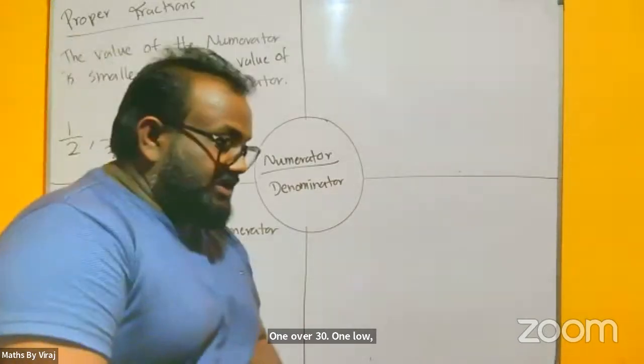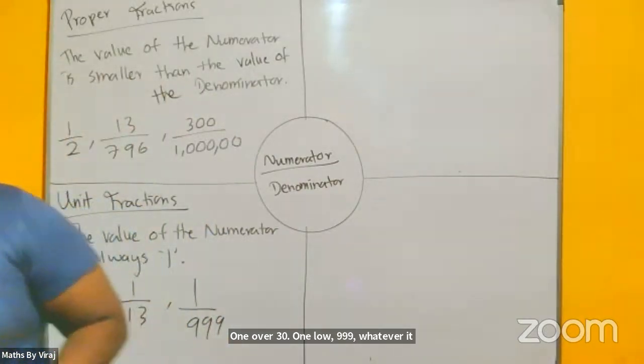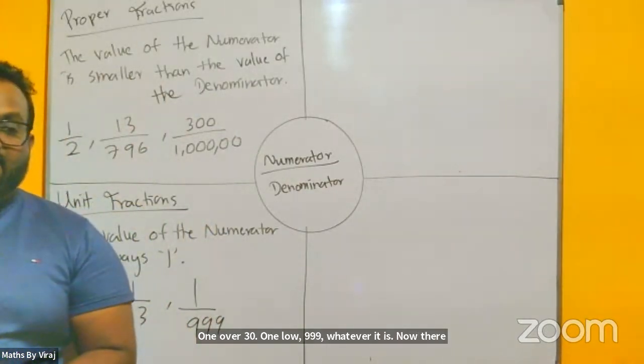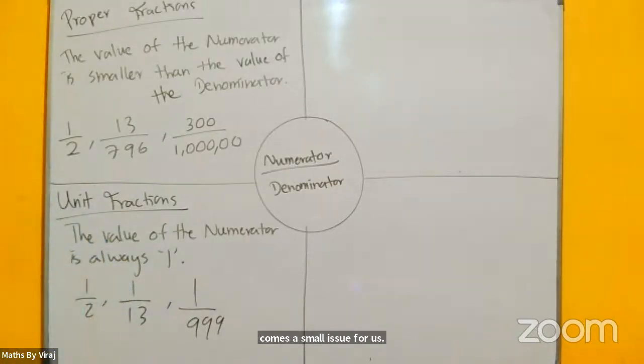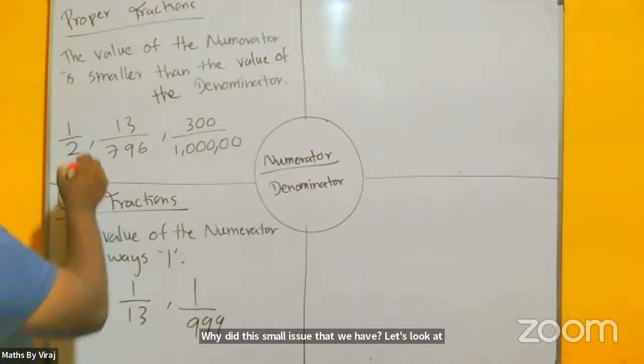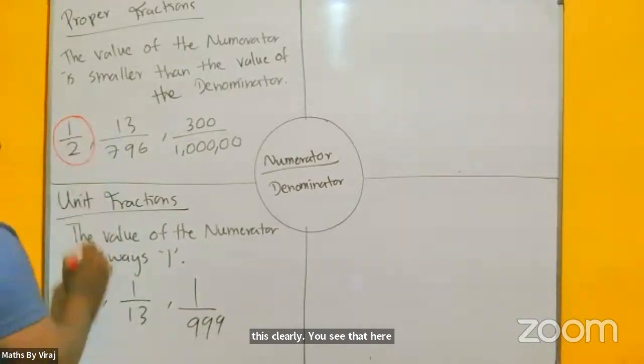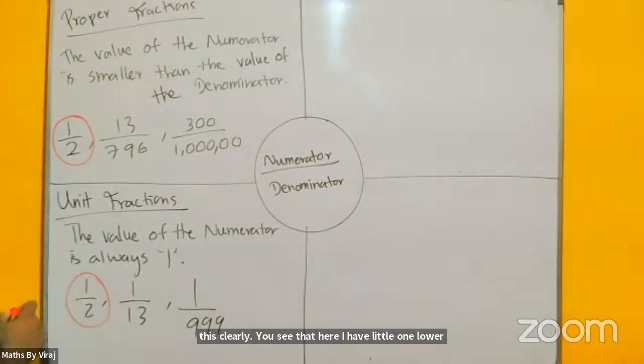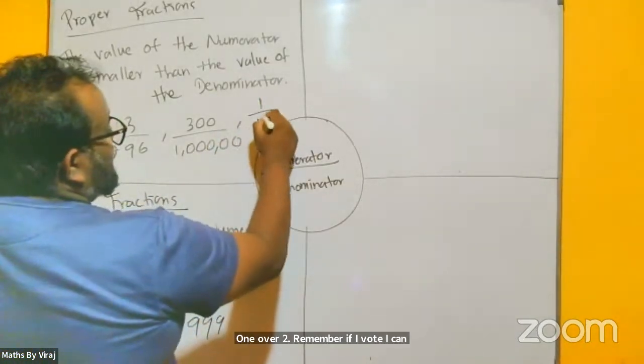Now there comes a small issue for us. What is this small issue that we have? Let's look at this clearly. You see that here I have written 1 over 2. Remember, if I want, I can have 1 over 17 as well.